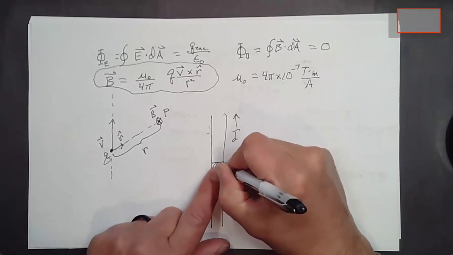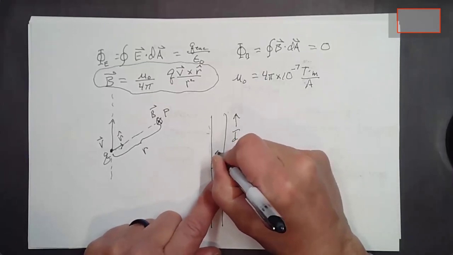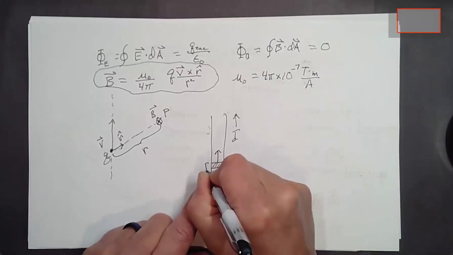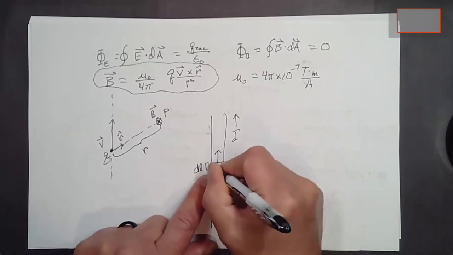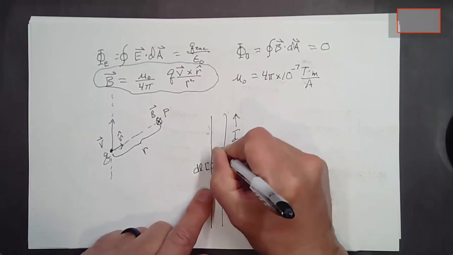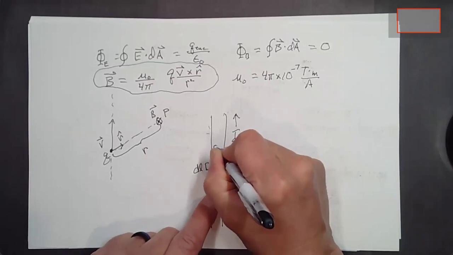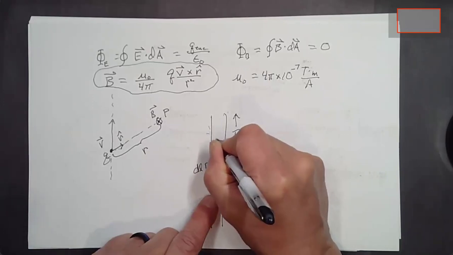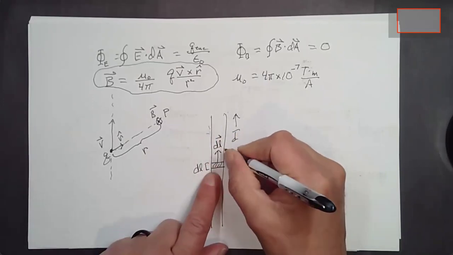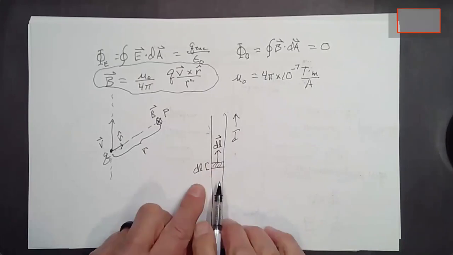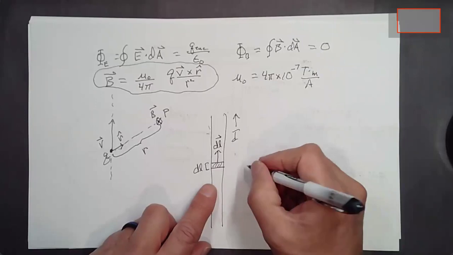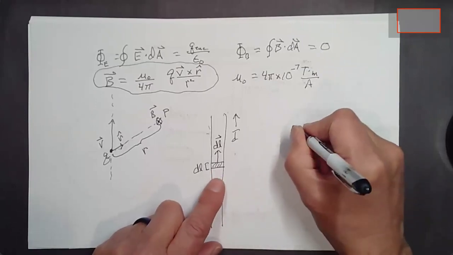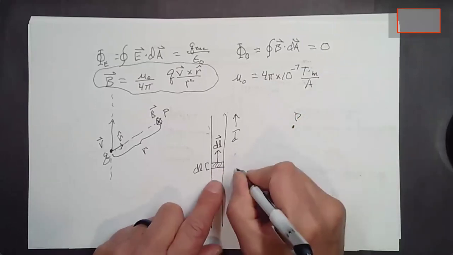And this would be a little chunk of the thing, and I'll say that it has a length dl, and we'll have a vector here that we'll call dl, and that'll be a vector that points in the direction of the current flow.